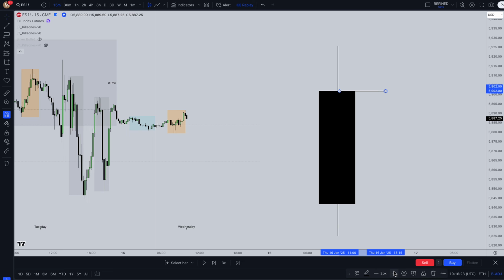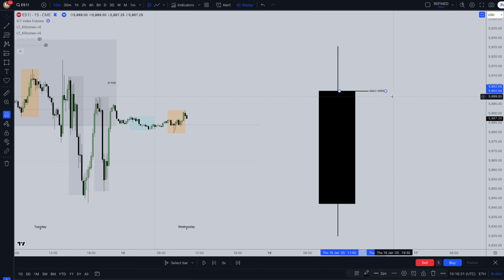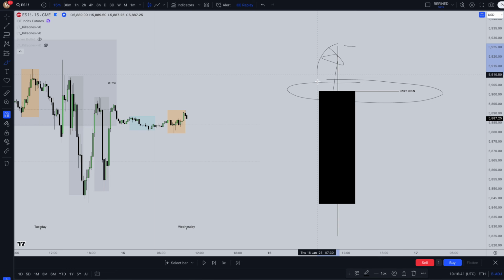Technically speaking, it's not exactly that level, but let's just mark that one. If I'm confident in the formation of a bearish day, then any entry in and around this level, or even above it, means that I'm getting filled somewhere inside this upper wick.